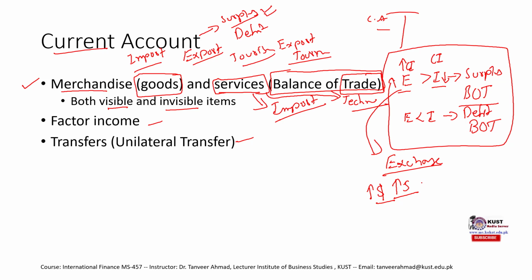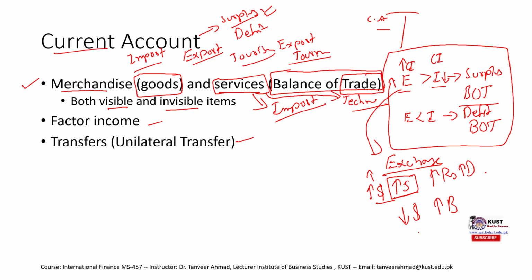This is just a hypothetical scenario. So what would happen is that it would sell the dollars in the exchange, so the supply of dollars would increase, and it would buy rupees, so the demand for rupees would increase. If demand for rupees is increasing and the supply of dollars is also increasing, it would put downward pressure on dollars and upward pressure on rupees.